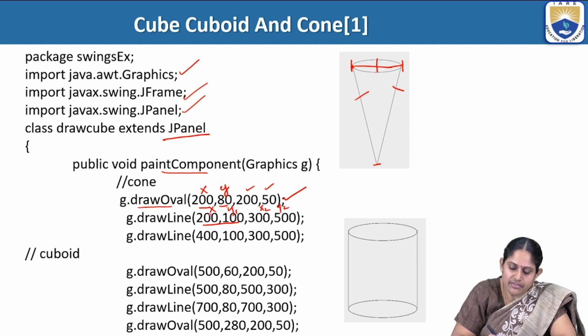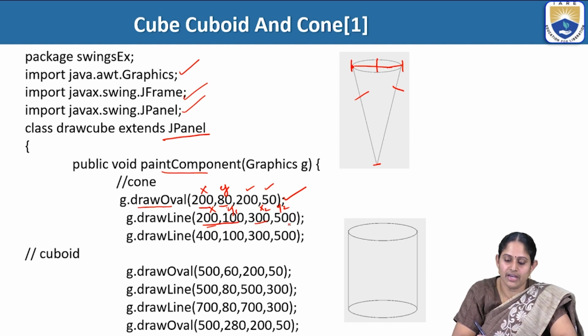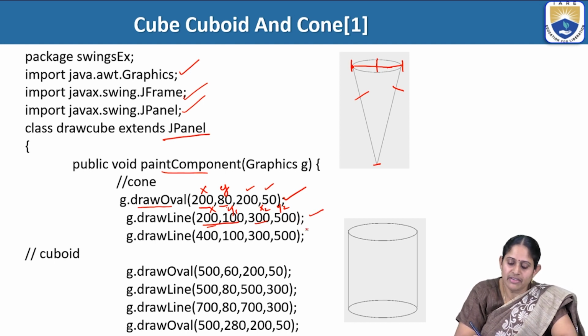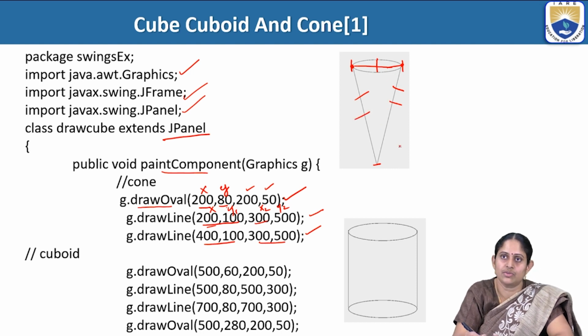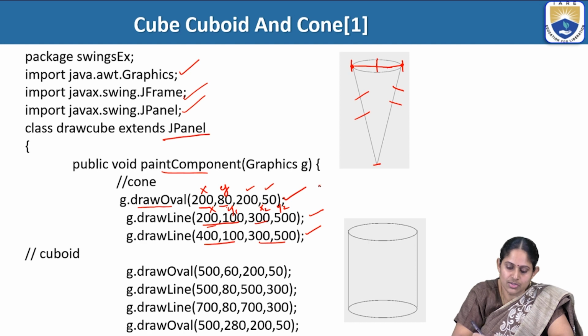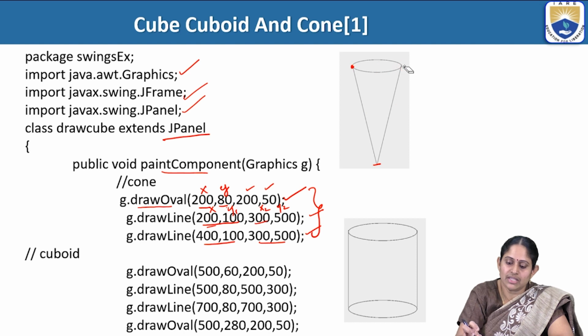We will be drawing from 200, 100 to 300, 500. Similarly, we will draw the other line from 400, 100 to 300, 500. That means these two end points are the same and the two lines' lengths are also the same. So by these three methods we will draw the cone. We will get the cone when we execute these three lines.